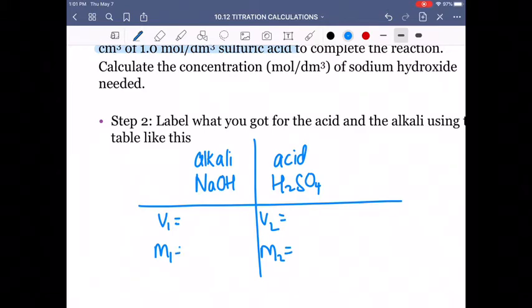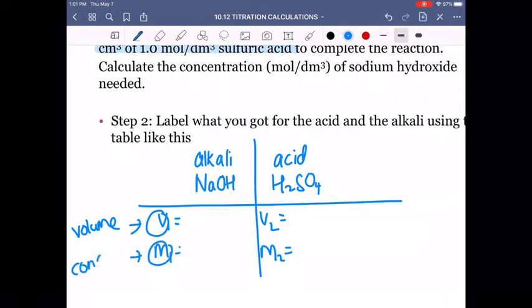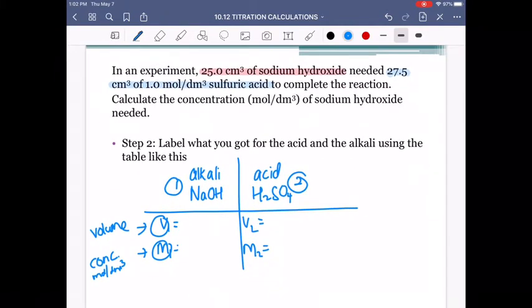V means volume. M means your molarity or concentration in mole per dm³. Number 1 means solution 1, number 2 means solution 2. That's how we categorize them.